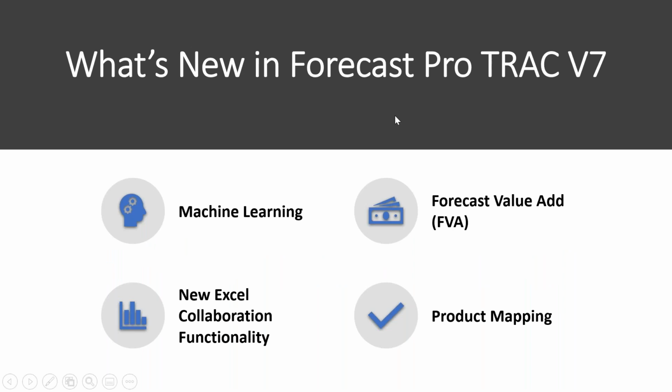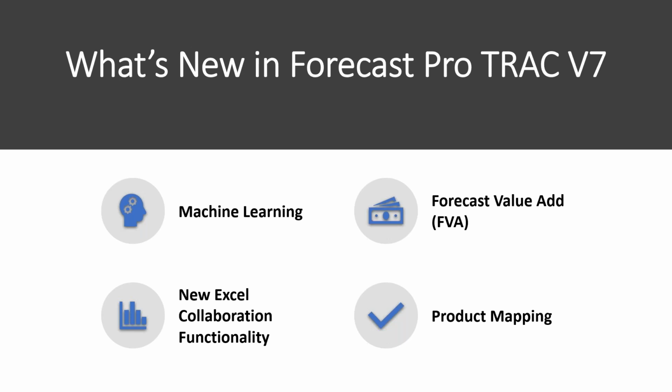So today we're going to walk you through 4 of the key new functionalities in TRAC v7: machine learning, forecast value add reporting, some new Excel collaboration functionality, and product mapping. In addition to these 4 big ones, as you use TRAC v7, you're likely going to find some other new things as well, things like item-specific calculated rows.